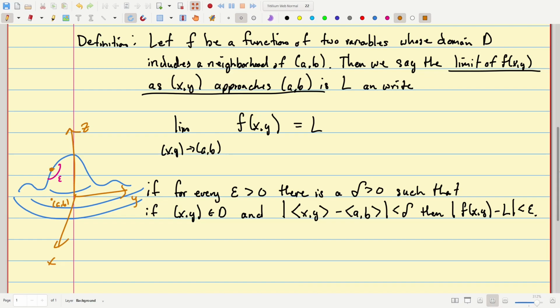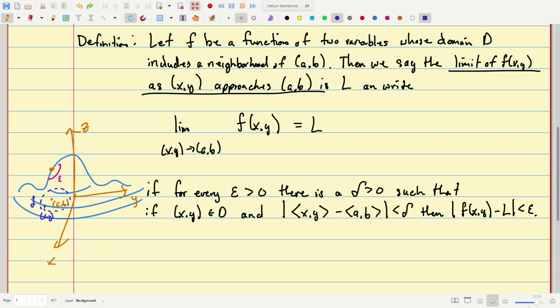And we choose another circle of radius delta, and as long as (x, y) is within that circle, then I am within the ring here. Does that make sense?